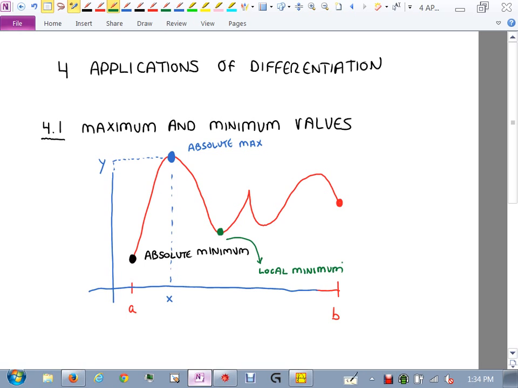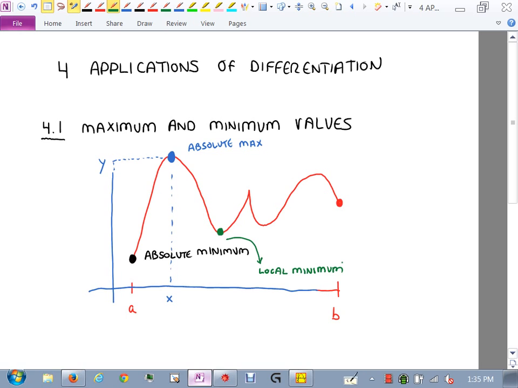Local usually means close to you, I guess, right? Your local post office doesn't mean the one in Washington, D.C. So normally we mean local being close to. So we're saying if you look around just this little locality, this little region, that is the lowest point on the graph. Once you go outside of that locality, it's not the lowest anymore.